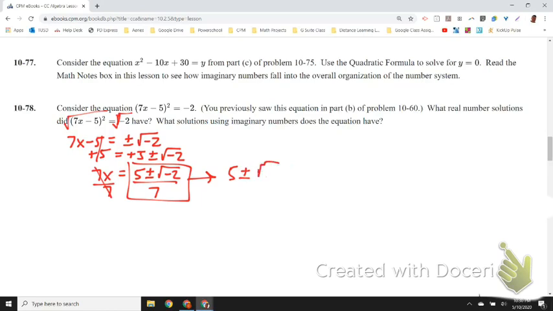If you write it the other way, like this, make sure the i is not underneath the radical, right? So that's why sometimes I like to write it in the front of the radical, like that. So it doesn't look confusing, because again, you don't want it to be the square root of 2i. It's the square root of 2 times i. Okay, all over 7.